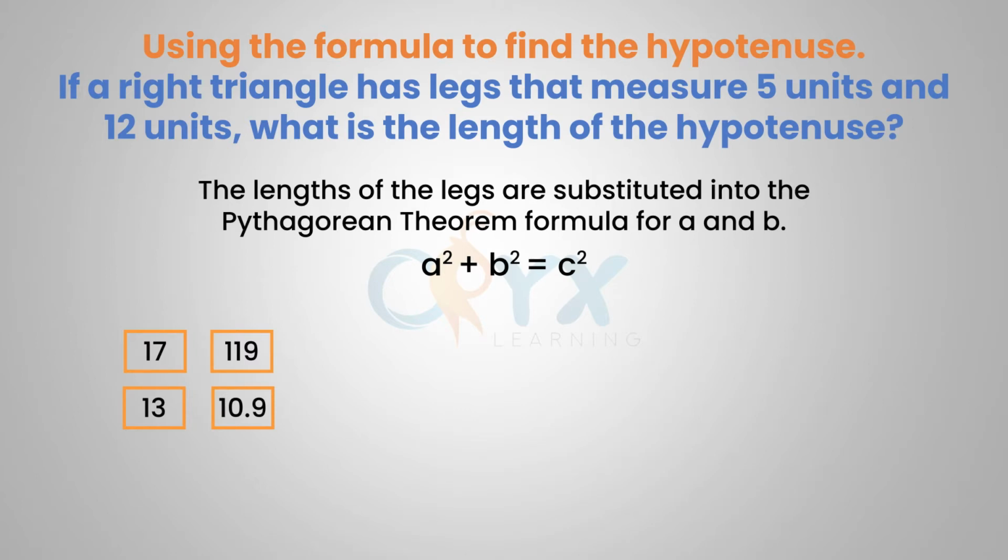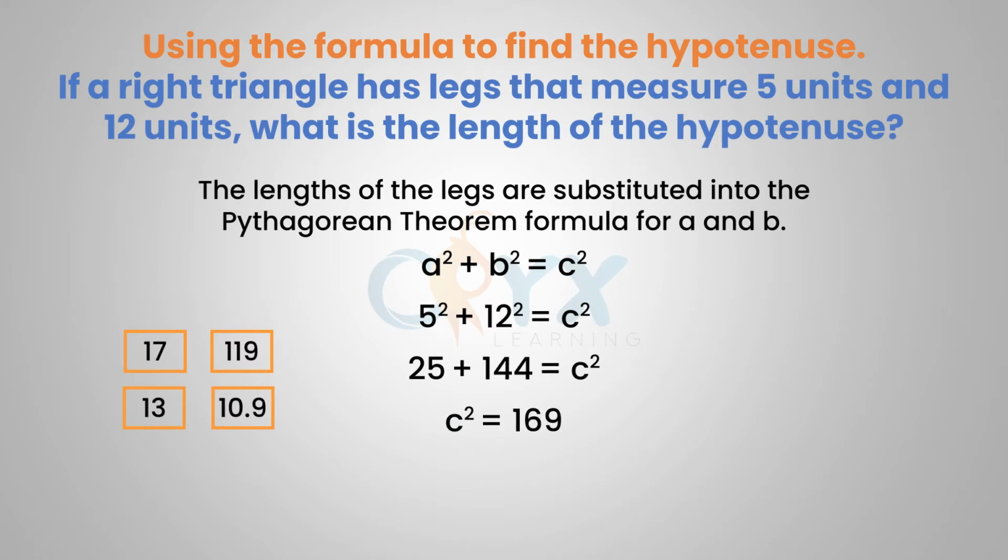Substituting in a 5 and a 12 for a and b, we get the formula 5 squared plus 12 squared equals c squared. 5 squared is 25 and 12 squared is 144. So now we have 25 plus 144 equals c squared. Combining like terms, we get c squared equals 169. Take the square root of both sides of the equation to get c equals the square root of 169, or 13 units.